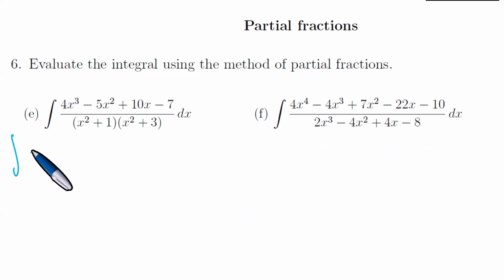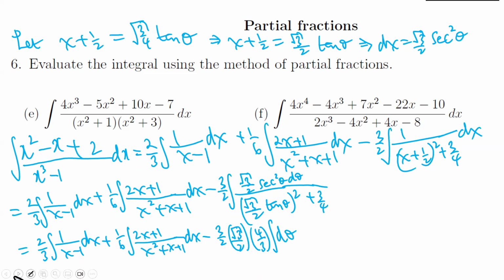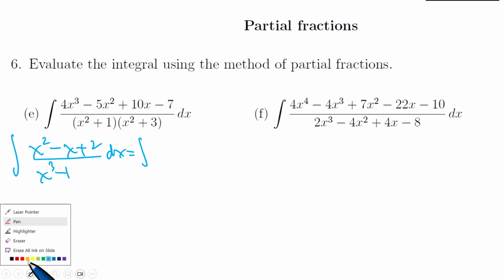whenever we have the integral of x squared minus x plus 2, all divided by x cubed minus 1 dx, what is this integral here? It is 2/3. Okay, let's remove this one.